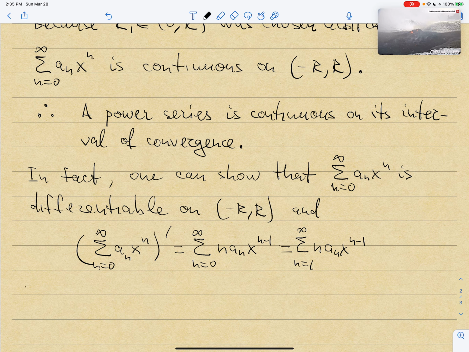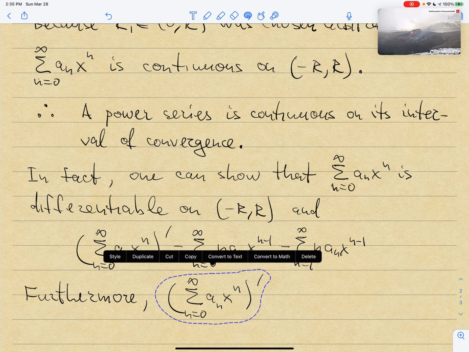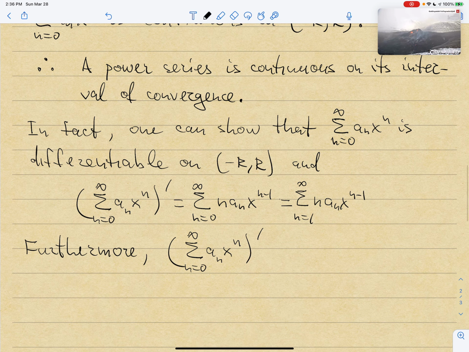But furthermore, if I look at the expression for the derivative, then that expression is itself a power series, with different coefficients than the original series, but still a power series.